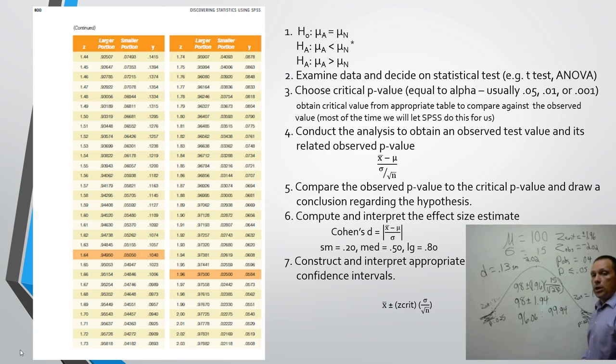And then the upper bound is going to be 99.94. So what we would conclude with our confidence interval, and by the way, this is a 95% confidence interval. Again, because we're using the p of 0.05, the inverse of that for confidence intervals, just note it's 95%. So we are 95% confident that this range right here, 96.06 to 99.94, contains the true population value of IQ for long-term alcoholics.